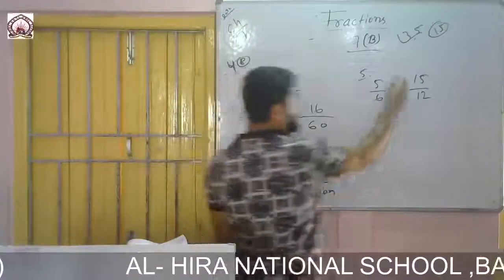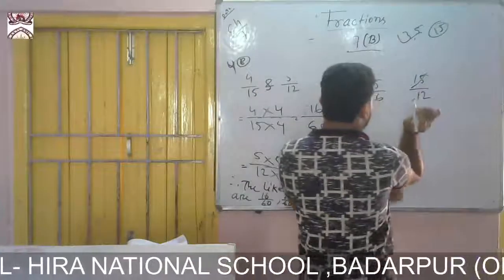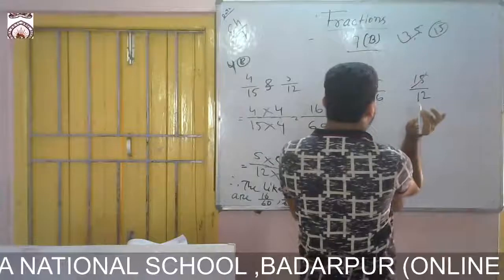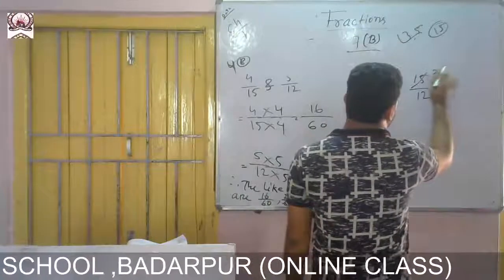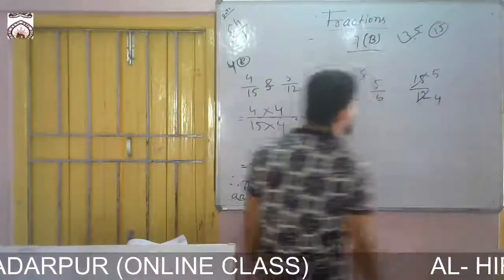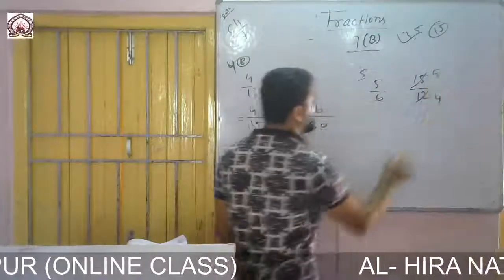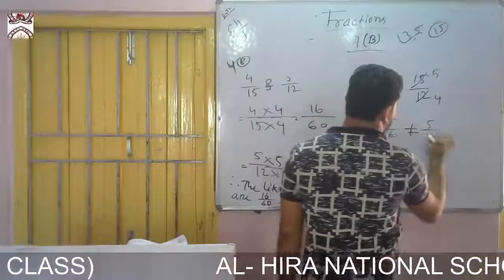So if I take this one into lowest term, then 5, 3 with 3, 3 5s are 15 and 3 4s are 12. So it is coming 5 by 4. So 5 by 6 is not equal to 5 by 4.